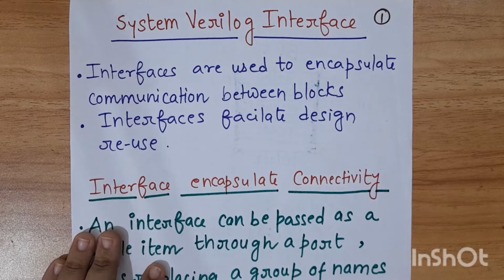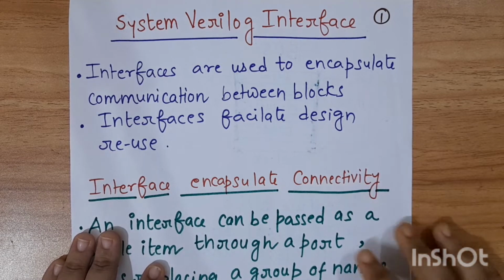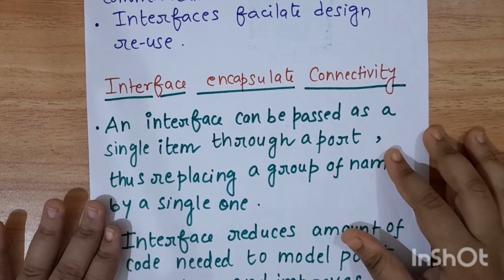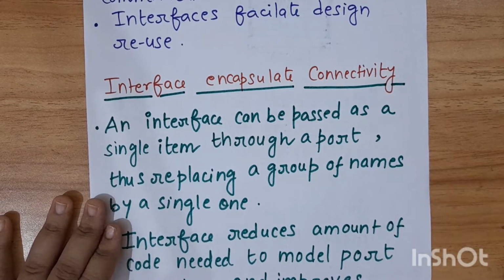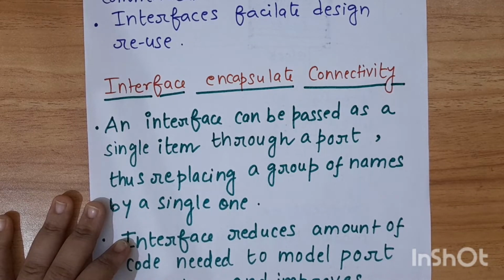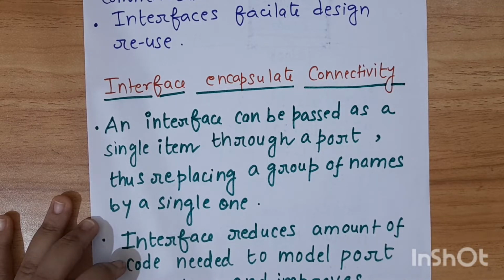So interface encapsulates connectivity. Instead of using separate signals to make the connection between the various IPs or blocks, we have a single item. A single item will be replacing the names of the group of signals.